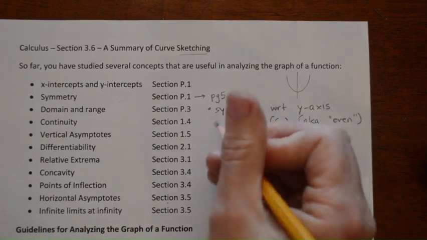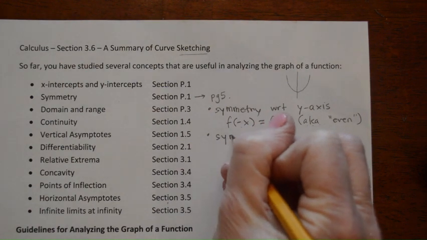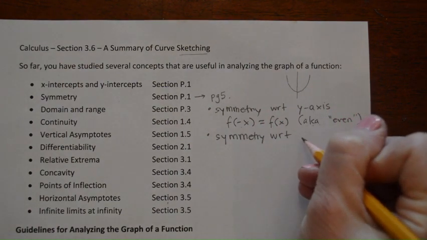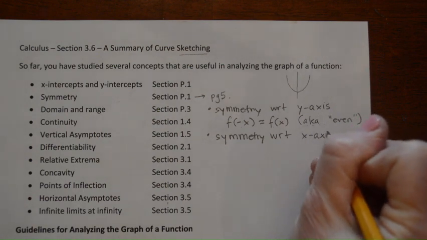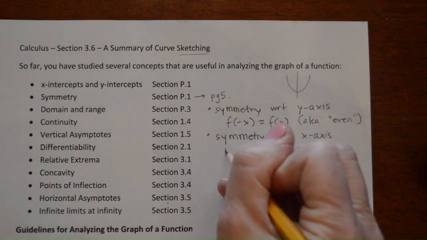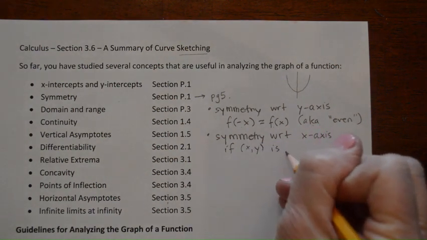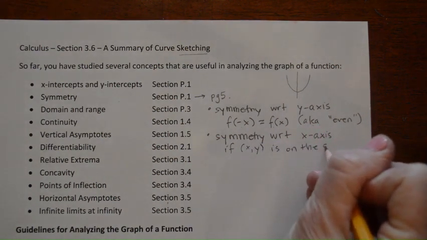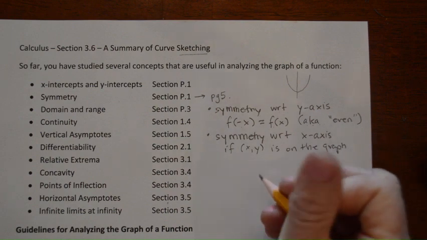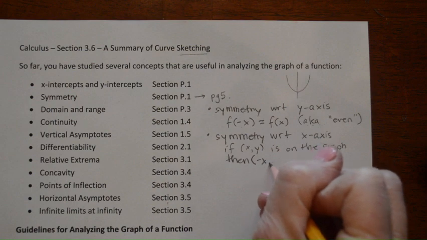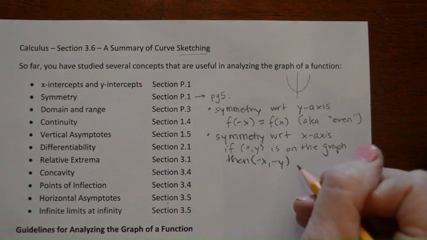All right, the second type of symmetry was symmetry with respect to the x-axis. And for this one, we said if xy is on the graph, then negative x, negative y is also on the graph.